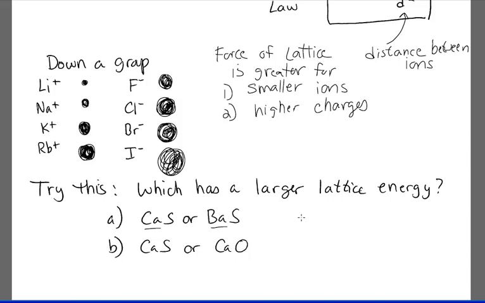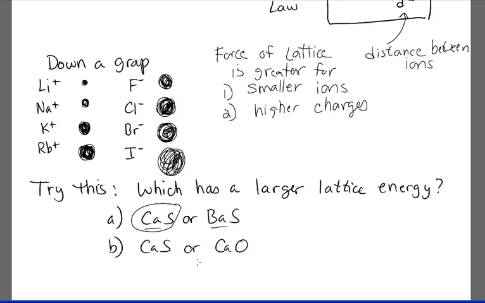But calcium is higher in group 2 than barium, so calcium will be smaller, which means it has a smaller ion, so calcium sulfide will have a larger lattice energy. It'll be a stronger lattice than barium sulfide. It'll take more energy to break calcium sulfide than it does to break barium sulfide.